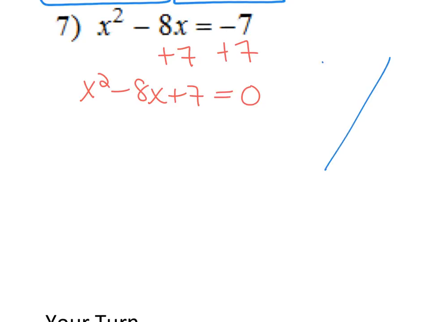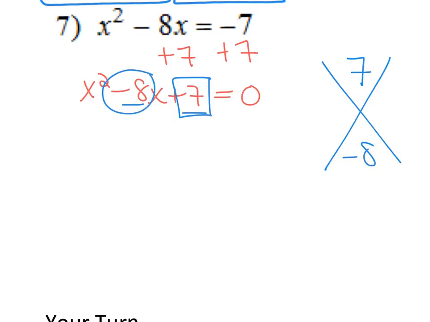The last number is going to go on top, and this middle number is going to go on the bottom. So I have to find two factors of 7 that will add to negative 8, and those two factors are negative 1 and negative 7, right? Two negatives make a positive.